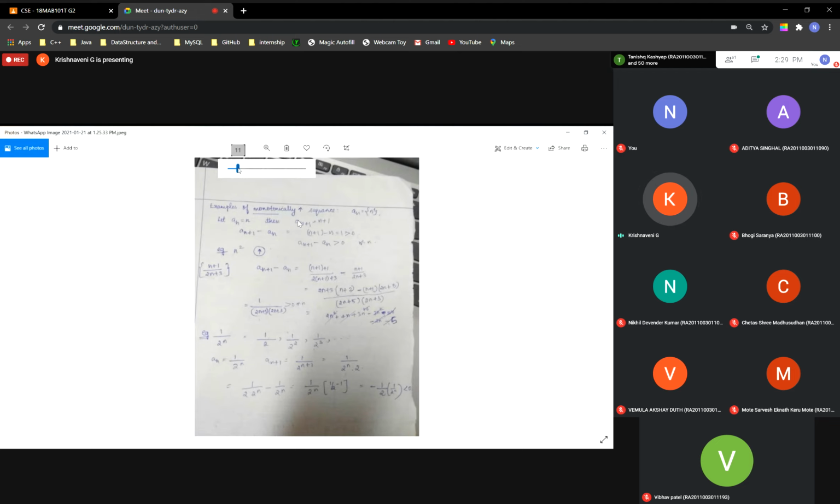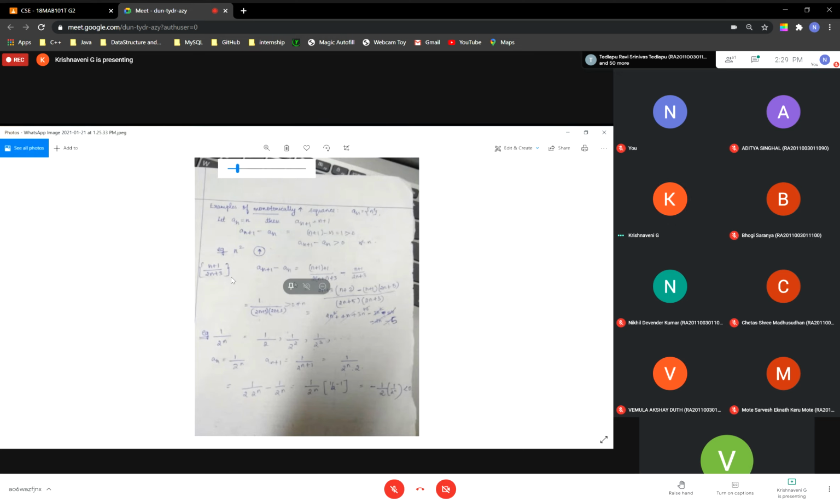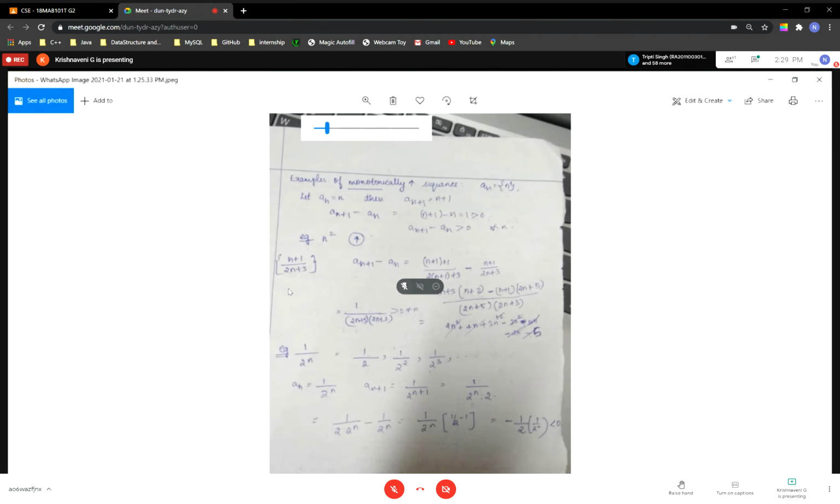Okay, guys, this is visible for you. Monotonically increasing sequence. Examples of monotonically increasing sequence. That arrow means increasing.